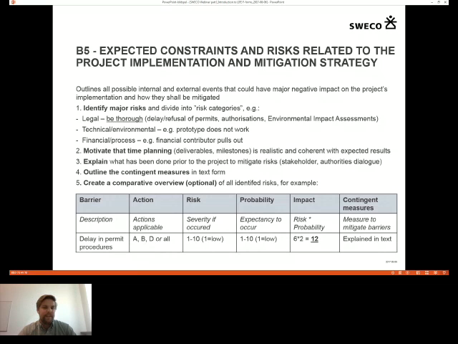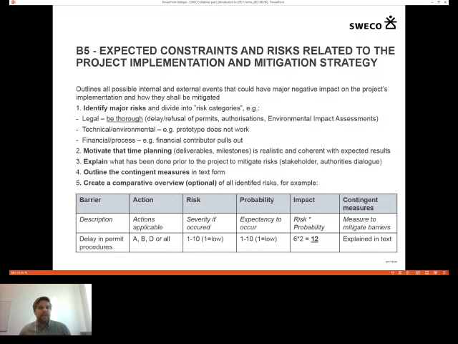But on the other hand, it can look a bit almost corrupt to have the organization on board that is supposed to actually approve the permit at some point. So if you keep such an organization on board, express or motivate their role in the project in a very thorough way.